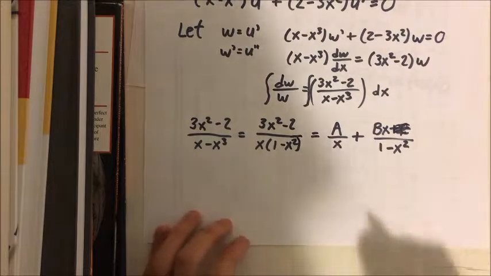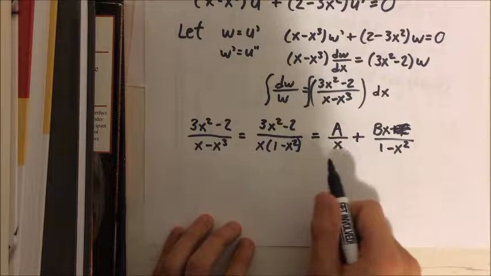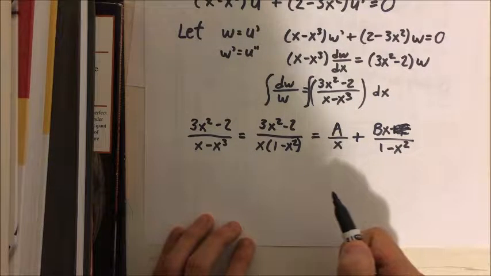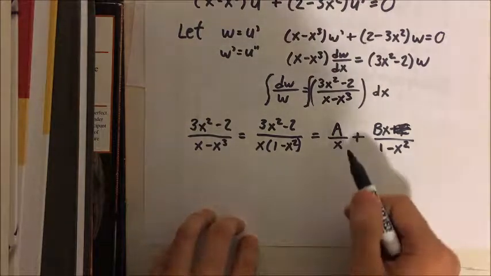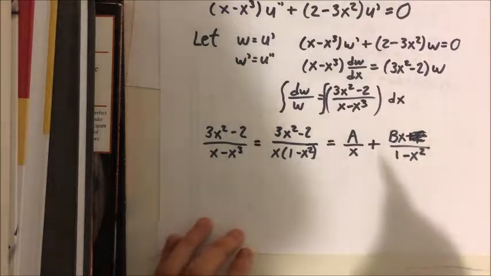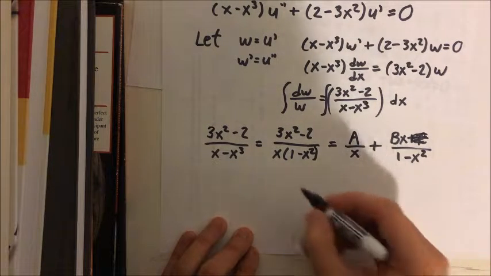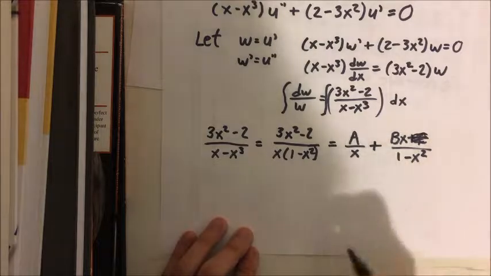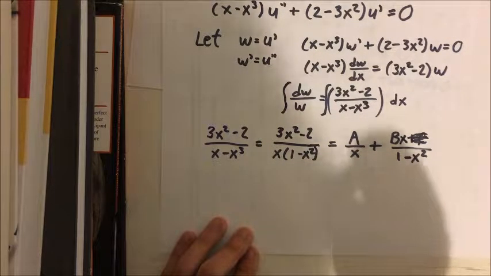So let's continue onwards. Basically, when we know that these two functions are equal, we're going to multiply by the common denominator and see what we get on the right hand side. So what that looks like is a is going to multiply by 1 minus x squared, bx is going to multiply by x, and it's going to equal this top numerator polynomial over here.